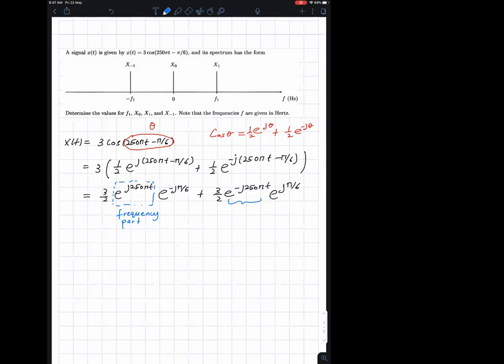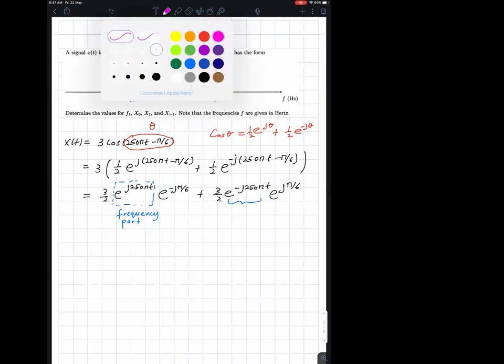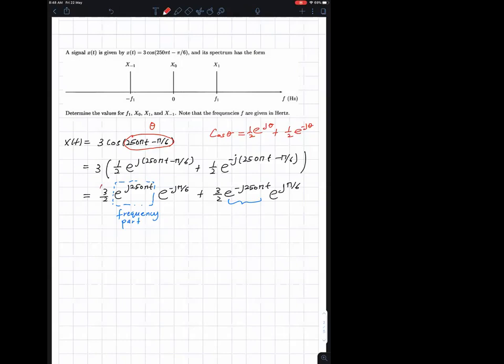So the phase and amplitude part is this. This is the phase and amplitude part. Amplitude and phase. This amplitude and phase is what we call the coefficients. Right? We call these coefficients.